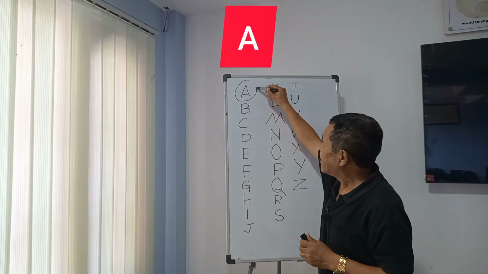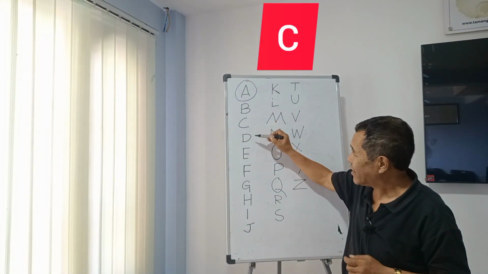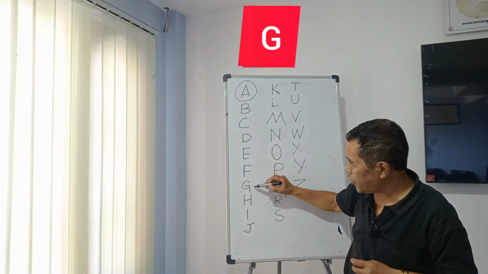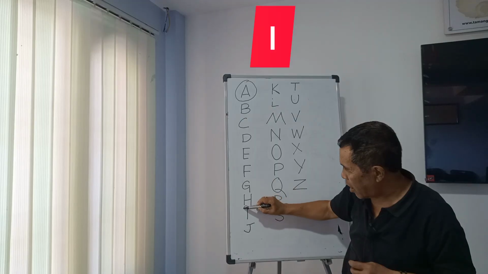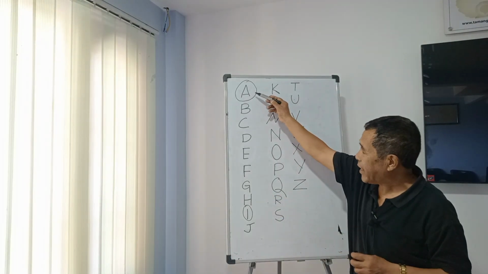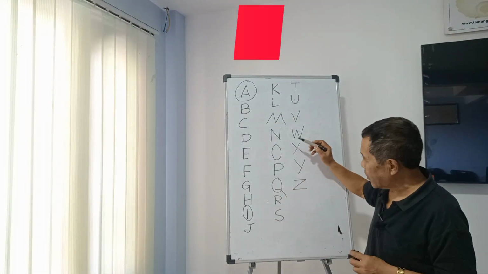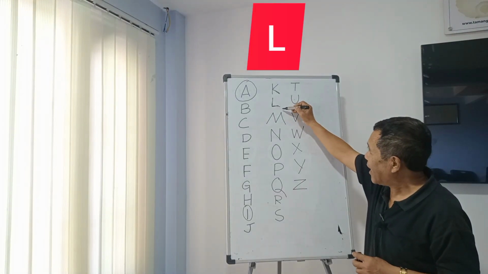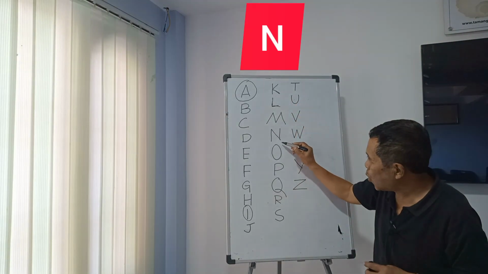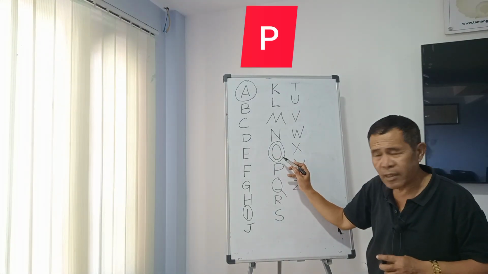So here, A, B, C, D, E, F, G, H, I. This is a vowel, A vowel letter, I vowel letter. Then next one is K, L, M, N, O. This is a vowel letter.